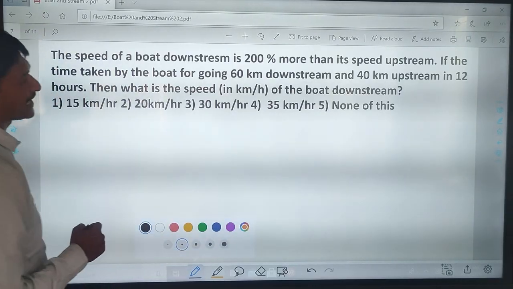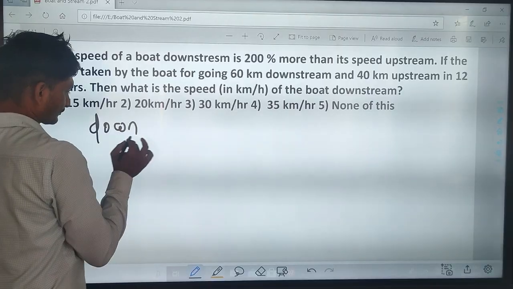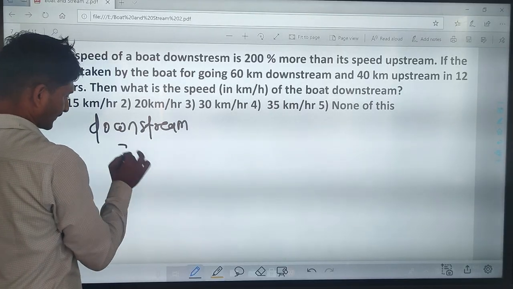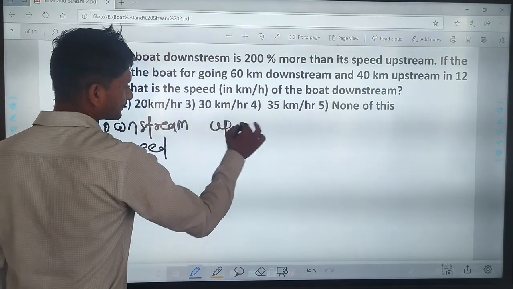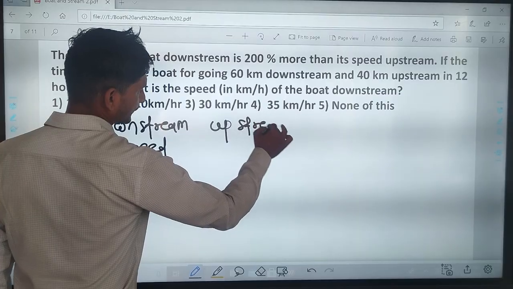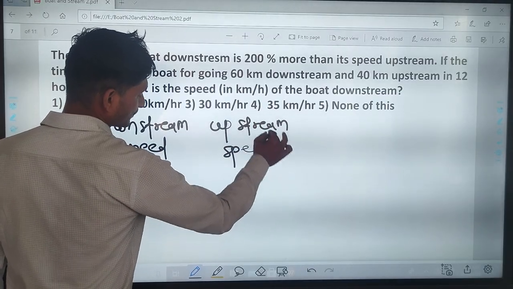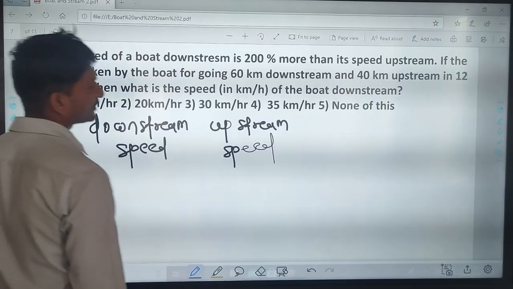Here there are two speeds, downstream speed and upstream speed. The speed of the boat downstream is 200% more than the upstream speed.